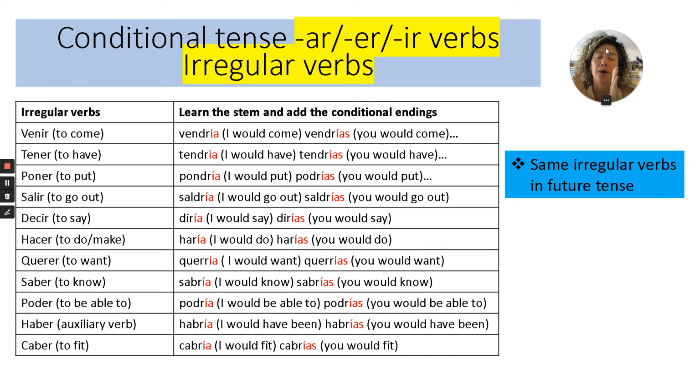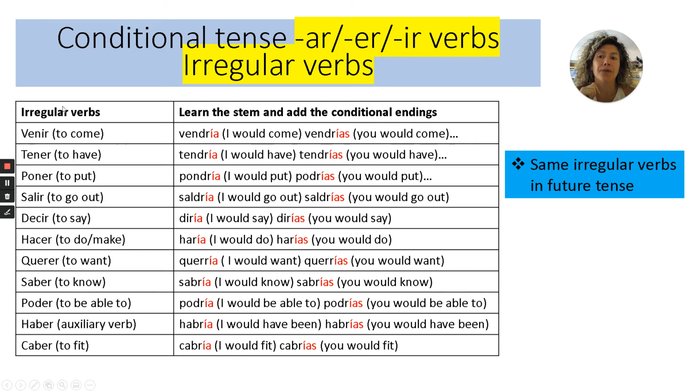Okay? So that's the way it works. Now, irregular verbs. The good thing about the conditional tense is it has only a bunch of irregular verbs, and those are in this group. That's it. There are no more irregular verbs, and also these irregular verbs are present in the future tense.